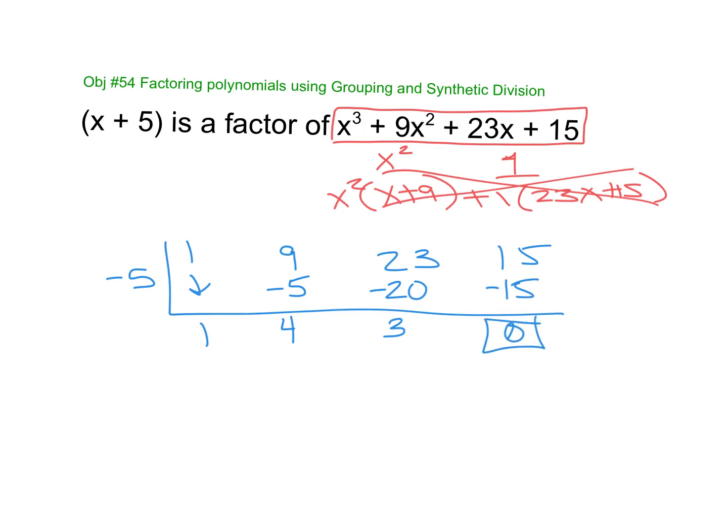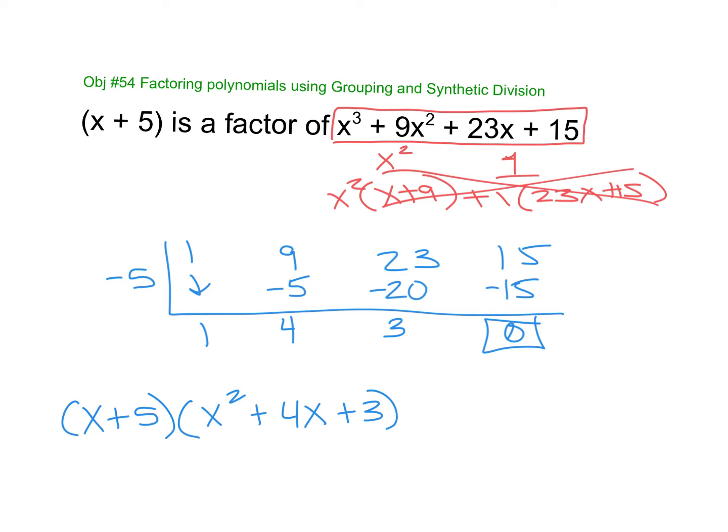So now we have that x plus 5, right? So this time, instead of ignoring that, we're going to write that out because we're factoring. We're not just dividing. And then what's left over? 1x squared plus 4x plus 3. Now with these, we do have one more step. Just like with the factor by grouping, we factored using dots.